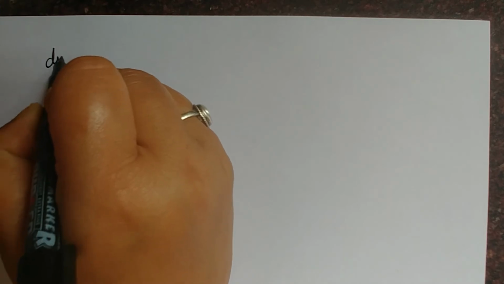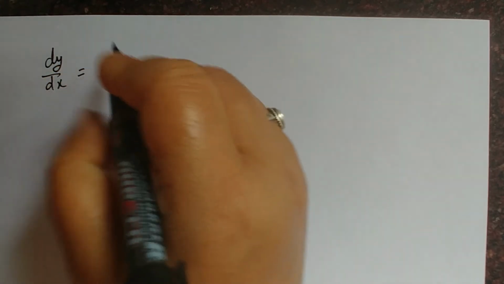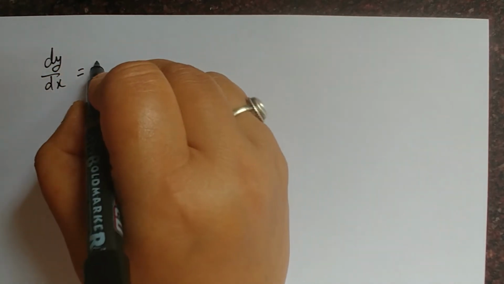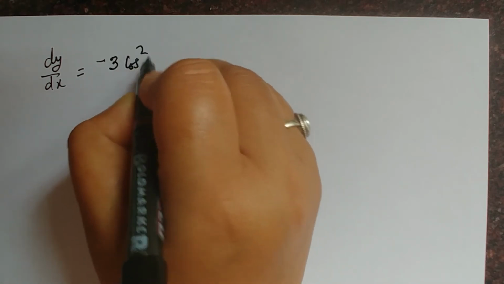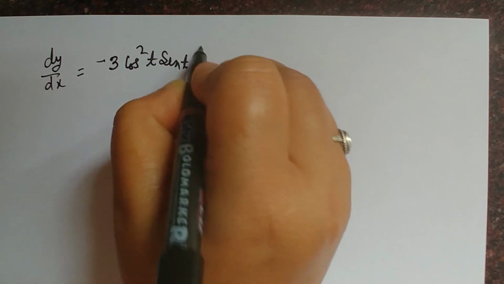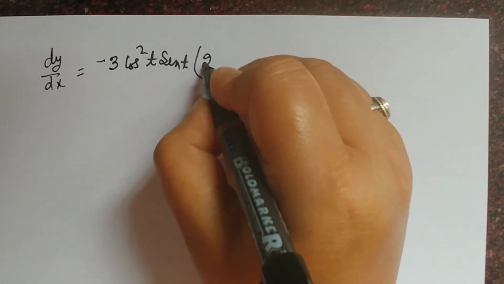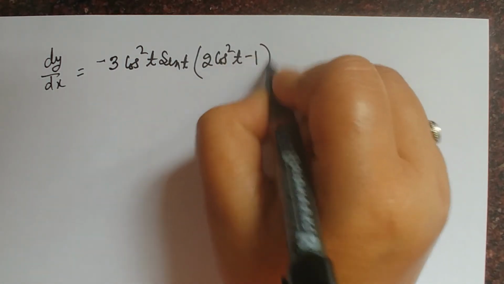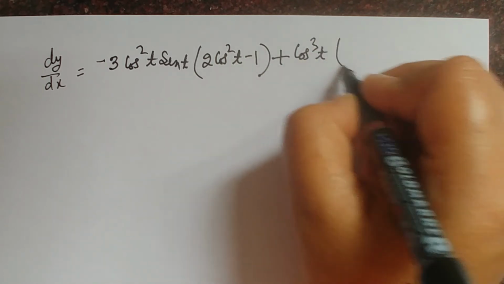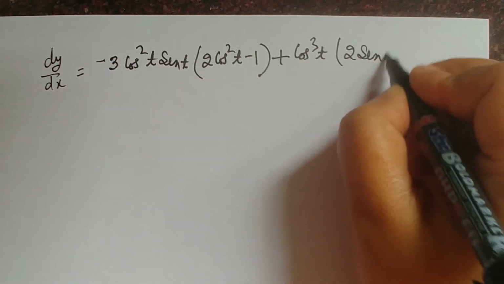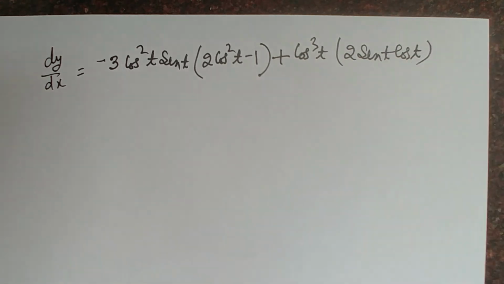So you have dy by dx equal to, say I'm opening it, minus 3 cos square t sine t, and cos 2t I have opened as 2 cos square t minus 1, and plus cos cube t, and sine 2t will just be opened as 2 sine t cos t.